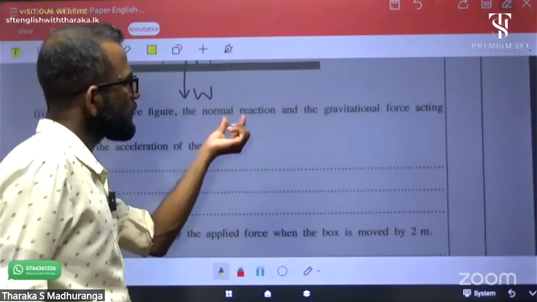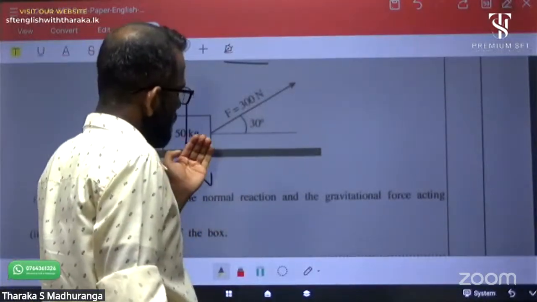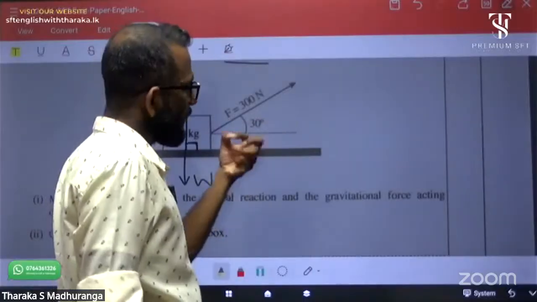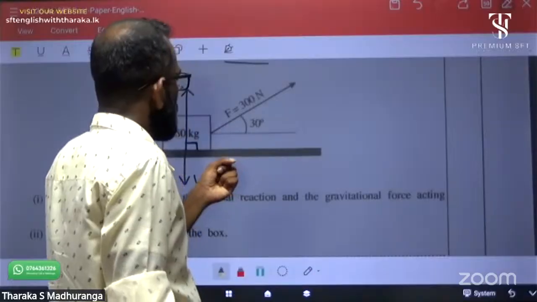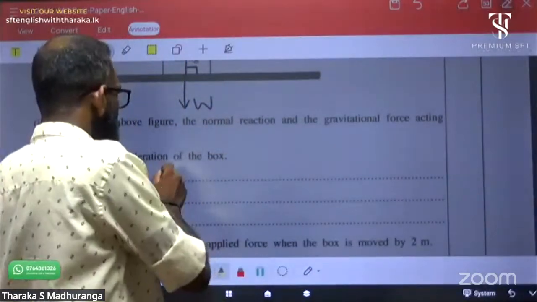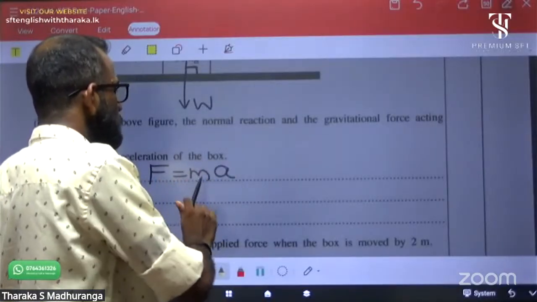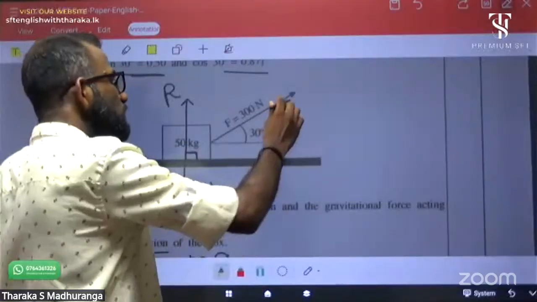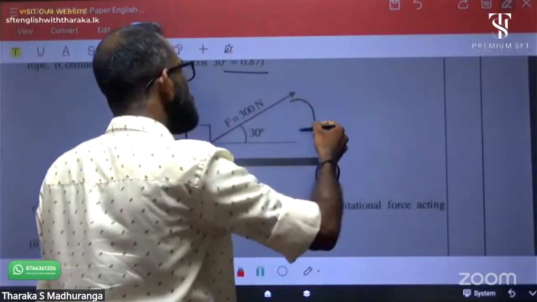How do we get the acceleration? If it accelerates, it is Newton's second law, because it has an unbalanced force. Now what is the unbalanced force? According to Newton's second law, F equals ma is the equation. The unbalanced force towards the motion is 300 cos 30.